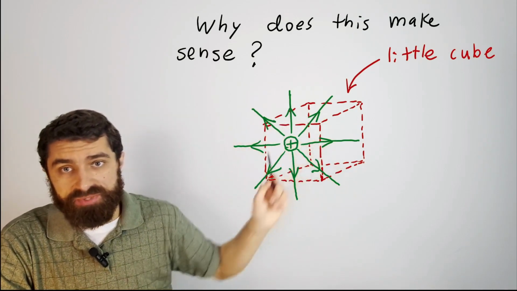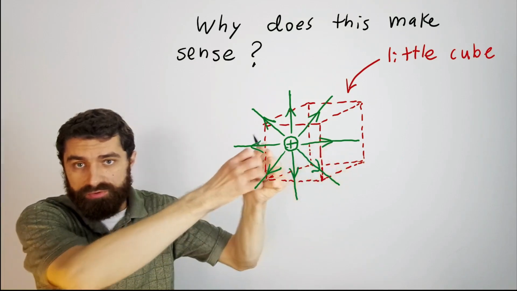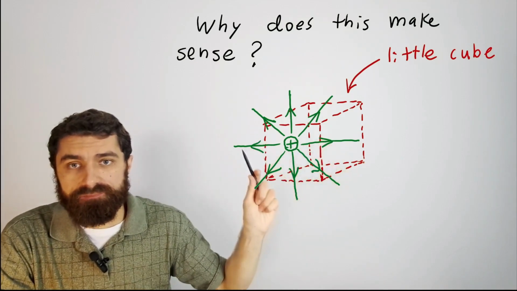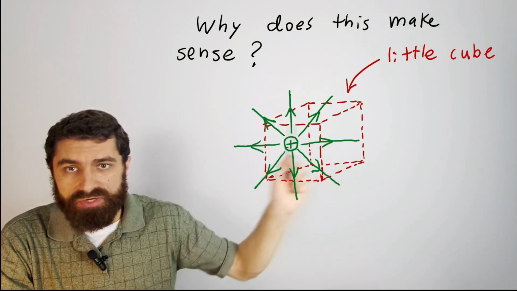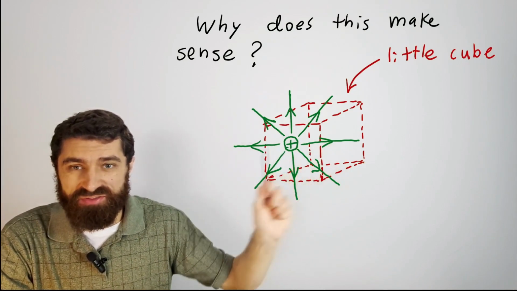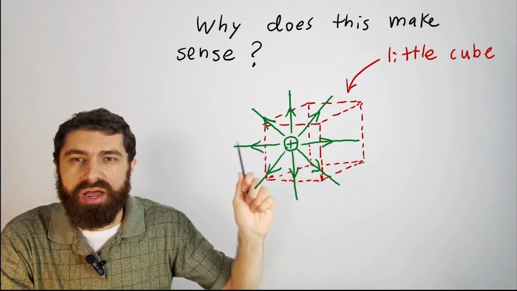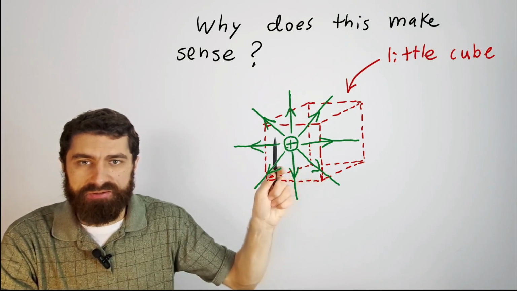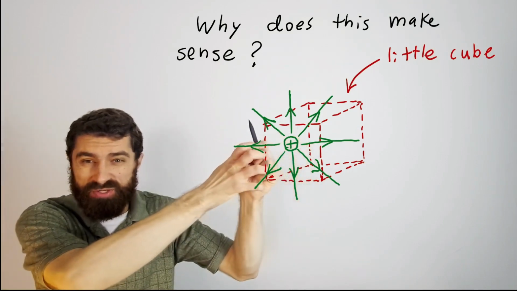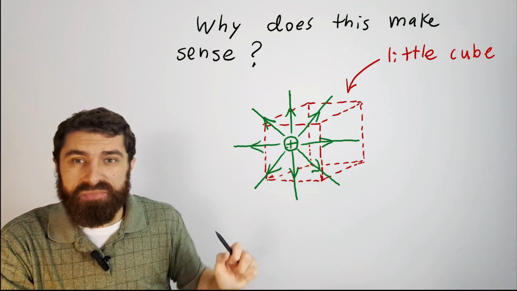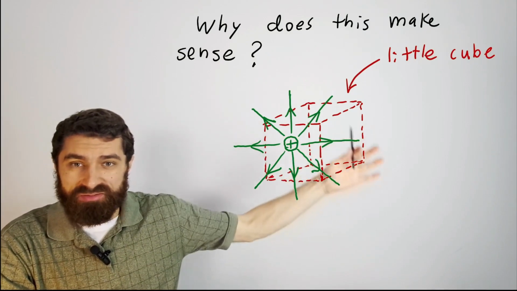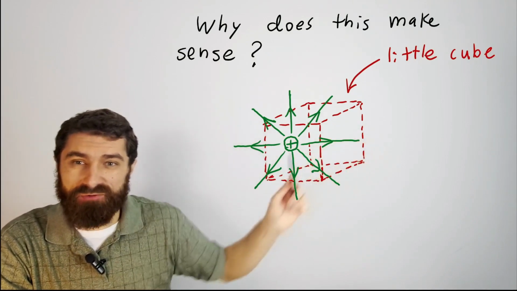And that's because if I bring it closer to here, then the integral of E dot dA on this side will be higher because the charge is closer to that wall of the cube. But on this side, it will be less because the charge is farther away from the cube.